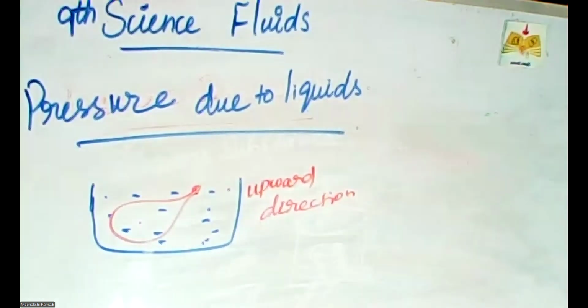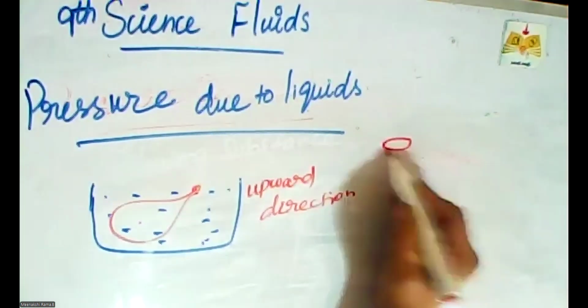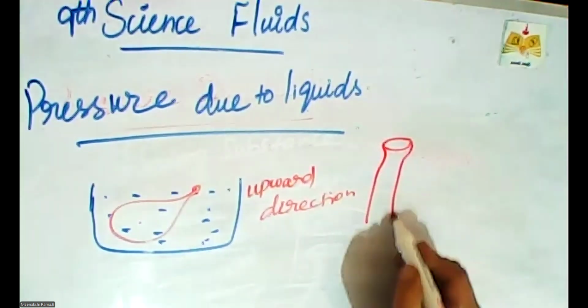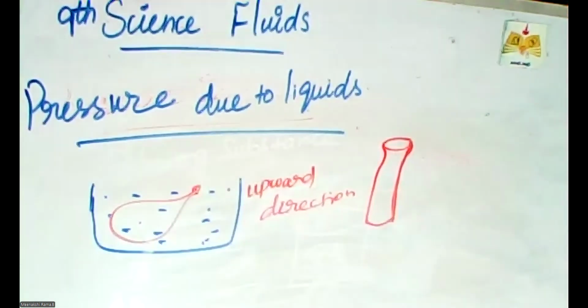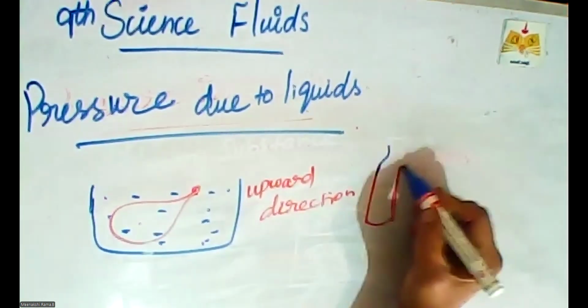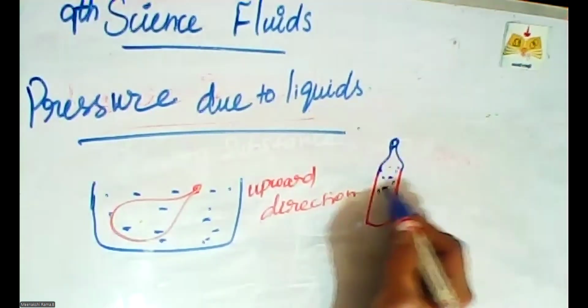When a bottle having water is placed on a solid, we can see the water coming out with speed. Next example, I am taking one water bottle filled with water.